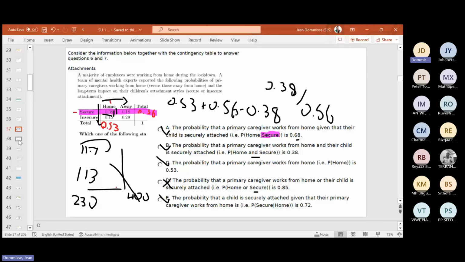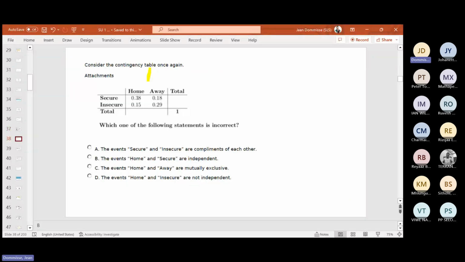Okay, so let's go to the next one. So again, looking at exactly the same numbers. Now what they throw in is the other part of study unit 4 that is very important, and that is where we look at things that are complement to one another, independent, mutually exclusive, and not independent.